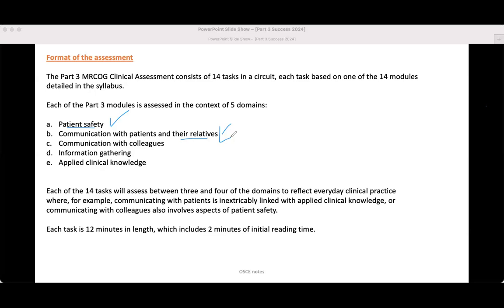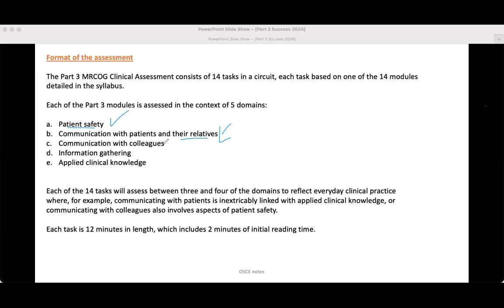Dr. Amr is a senior trainee in the UK, and he has very good experience with communication and teaching communication. So he will give you special advice on how to pass the communication module with the patient.